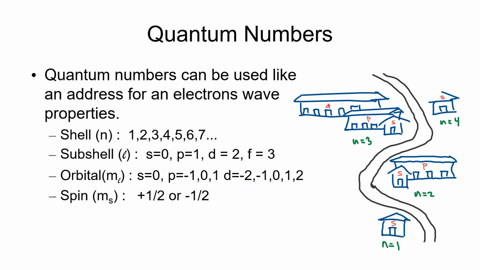So one analogy that I kind of like for quantum numbers is thinking of them as an address, like an identifying set of values that will help you to place a certain electron in a certain place around a nucleus. And so we've got our shell numbers, right?